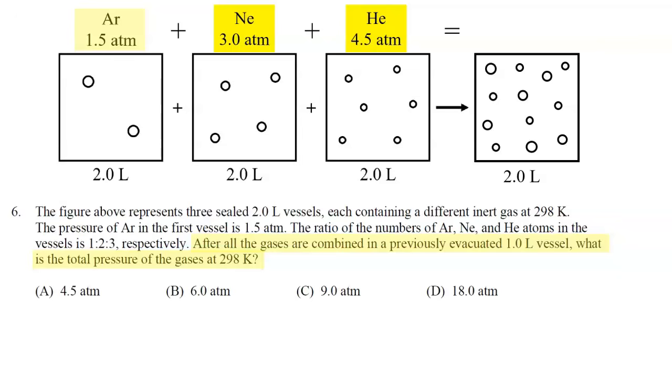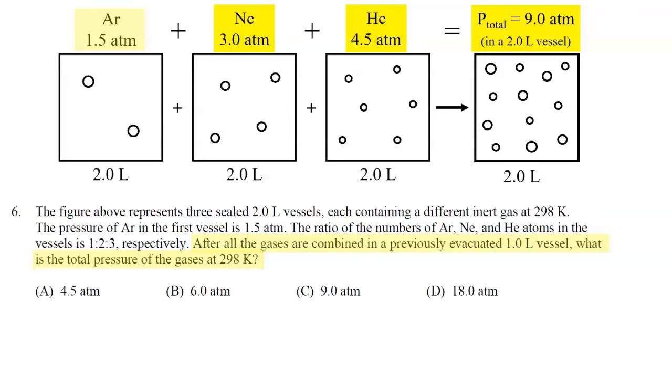So 1.5 plus 3 plus 4.5 would give me a total pressure of 9 atmospheres if the mixture occupies a 2-liter vessel. So 9 atmospheres is not the correct answer to this question, but at least it helps me process what the mixture's total pressure would be if we did not change the volume of the container at all.